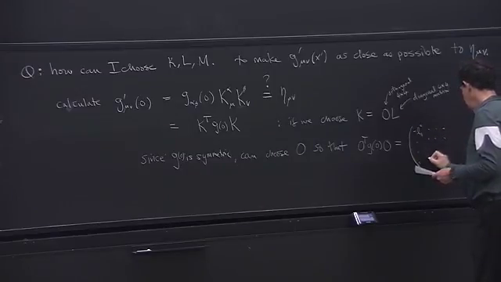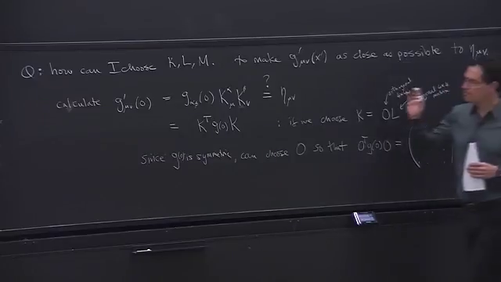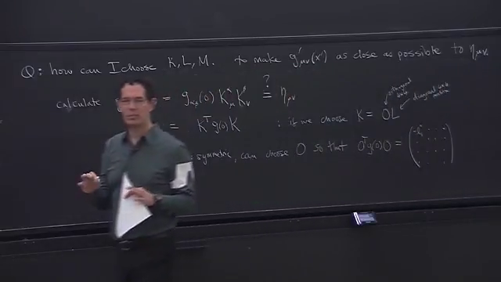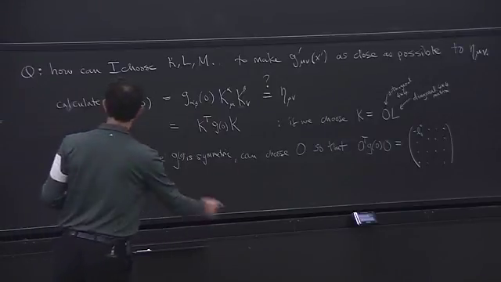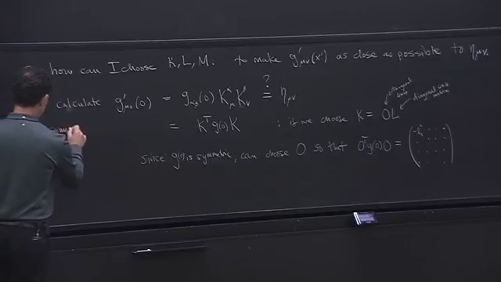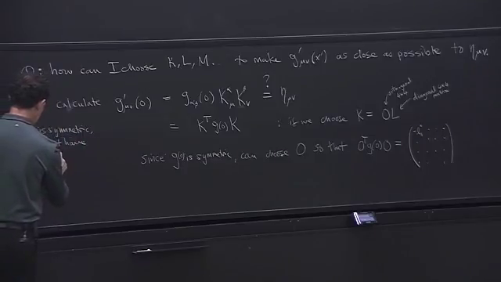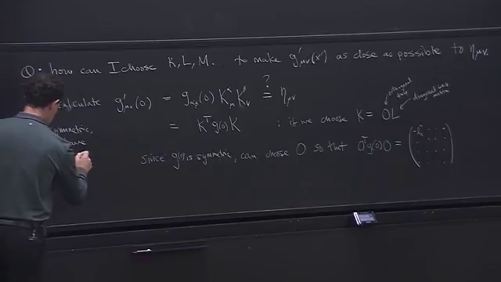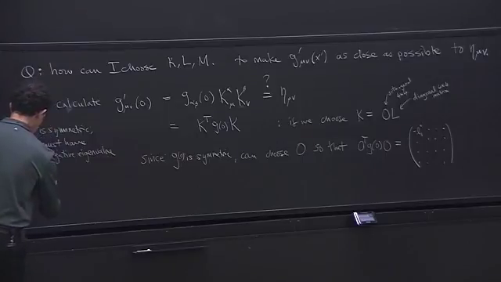And in order for the matrix G mu nu of x to be a legitimate metric on space-time, we see that G mu nu is symmetric. It must have one negative eigenvalue and three positive.